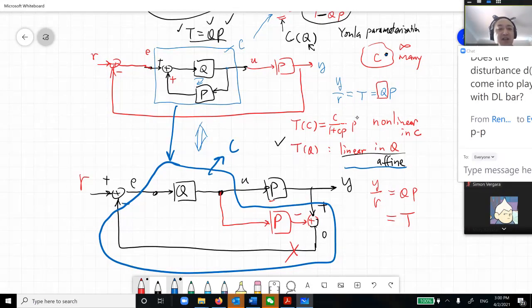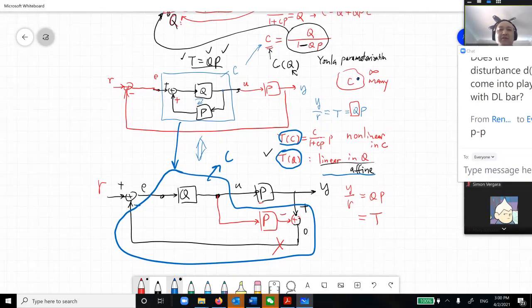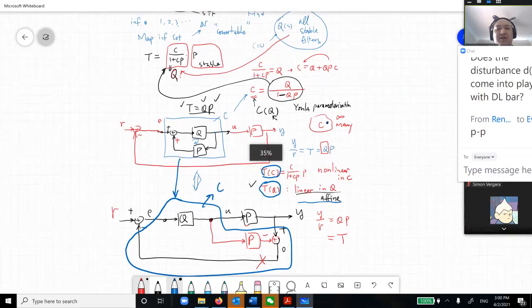When it is nonlinear in C, but linear in Q, it is much easier. So this is called Youla parameterization. So both equations like this, and block diagrams like this.